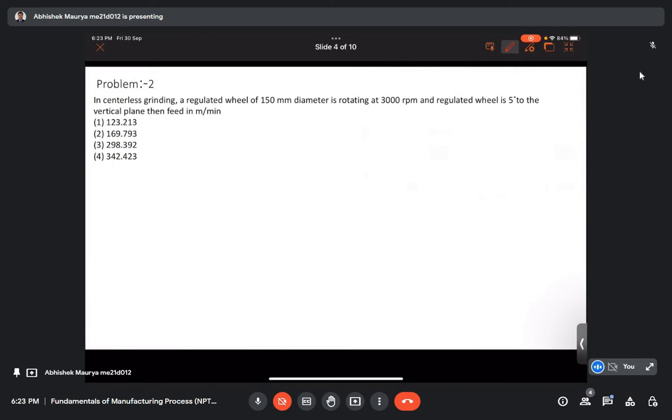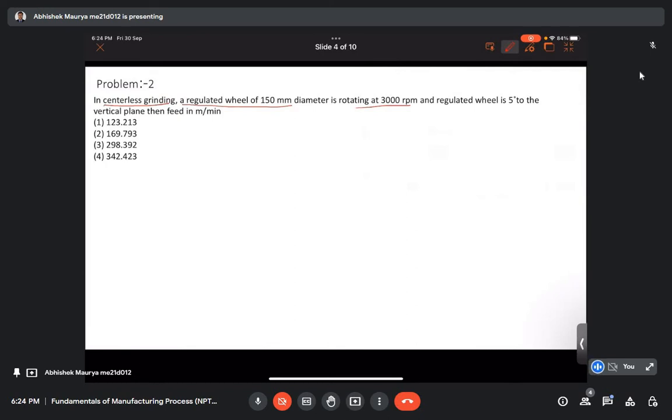So the question is like this: in centerless grinding, we have a workpiece which is ground between two wheels. One is the grinding wheel, another one is the regulating wheel. Here the diameter of the regulating wheel is 150 mm, and it's rotating at 3000 rpm, and there is an inclination given to the regulating wheel.